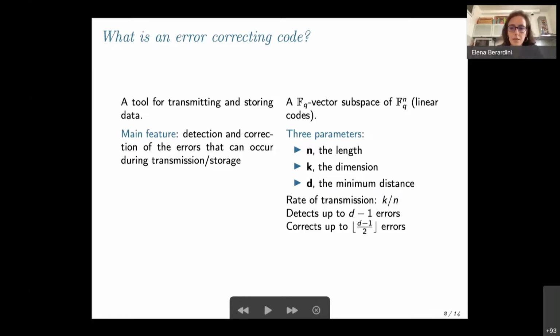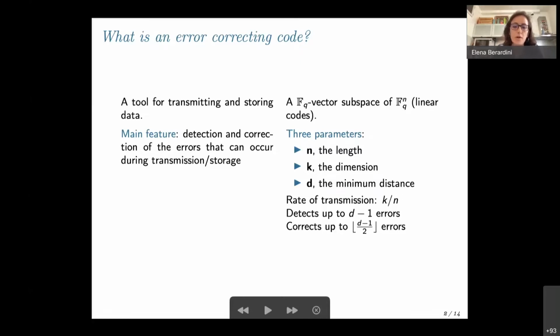The third is the minimum distance d of the code, which is basically the number of non-zero coordinates of every codeword, and then you take the minimum of this number. And k and d are linked to the capacity of transmission, correction and detection of the code.